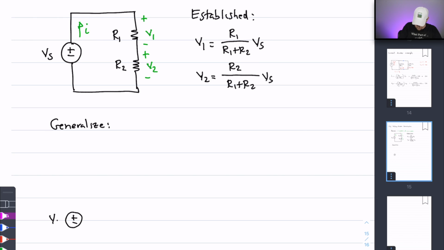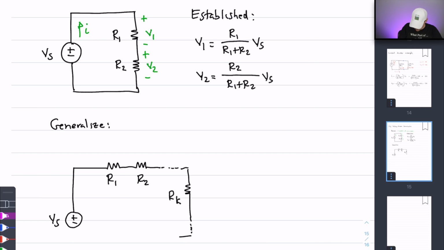Suppose that we have a voltage source Vs, and we have a whole bunch of resistors here, let's say R1, R2, and we have quite a number of them. Then we have another resistor down the middle. Let's say that this is R sub k. And then we end up with two last resistors hooked up to our voltage divider.